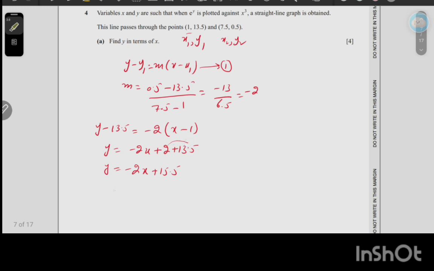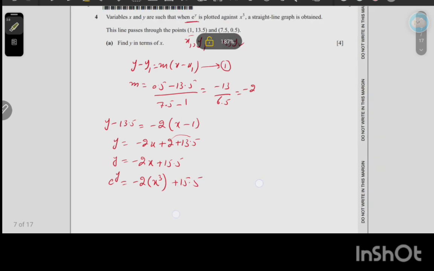Now y is replaced by e^y, because he said that x and y are variables such that e^y is plotted against x³, a straight line graph. So here we apply e^y and x replaced by x³: e^y = -2x³ + 15.5. Now, because it is e power y, we apply the log on both sides.